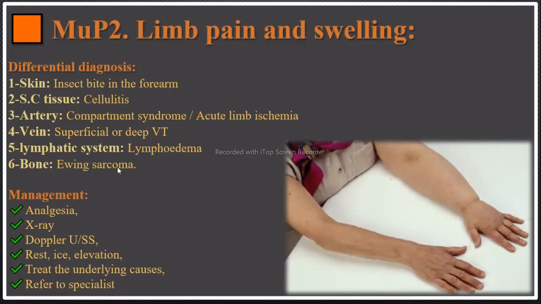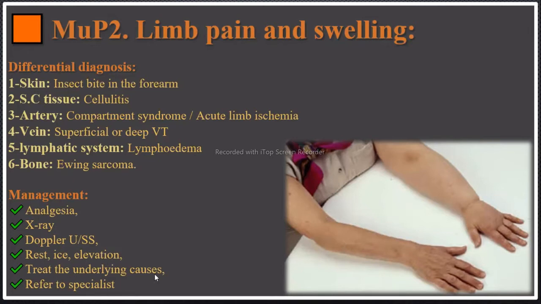So what about the management? Analgesia, we are talking about pain. X-ray to exclude any fracture or osteomyelitis or sarcoma. Doppler ultrasound for the artery and the vein. And of course, for any swelling as routine management: rest, ice, elevation.